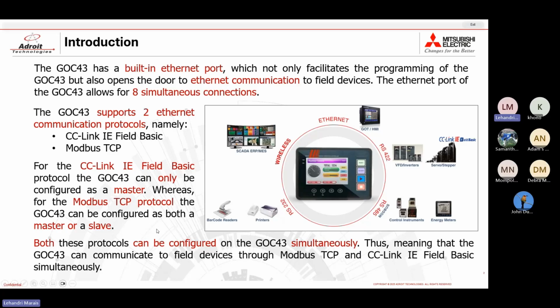Both of these communication protocols can be configured on the GOC simultaneously, which in turn means that we are able to communicate to different field devices using both of these communication protocols simultaneously.